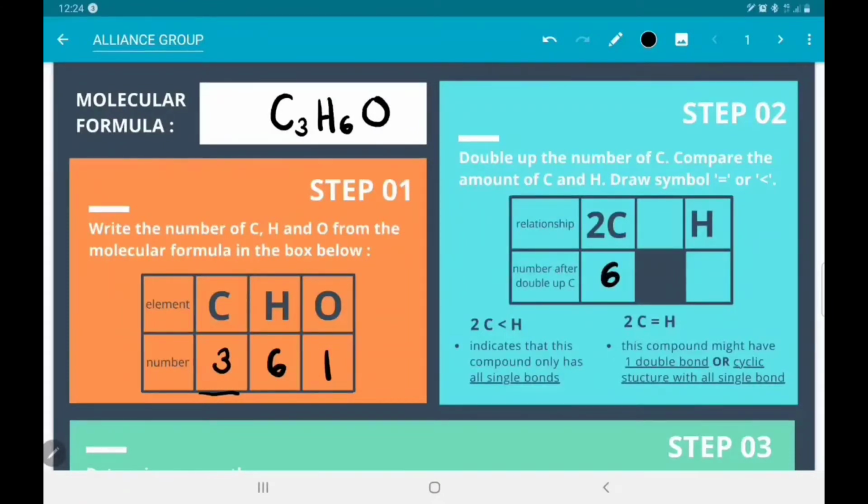Hydrogen equals 6. Now the formula is 2C is 6, hydrogen is 6. So we must write the symbol 2C equals H. This relationship indicates that this compound might have one double bond or cyclic structure with all single bonds.